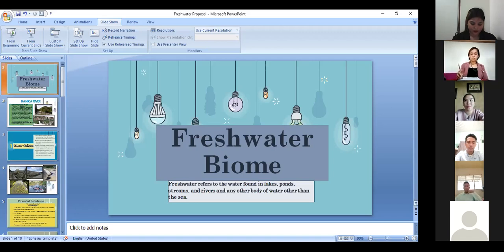The bacteria that decompose this algae require dissolved oxygen in the water, thus competing with other animals that require oxygen too in their metabolic processes. So the animals will die as a result of eutrophication, and due to algal bloom and decomposition process, there will be pungent odor in these bodies of water, and these bodies of water will turn murky and greenish. Thus, you can now say that the water is polluted.